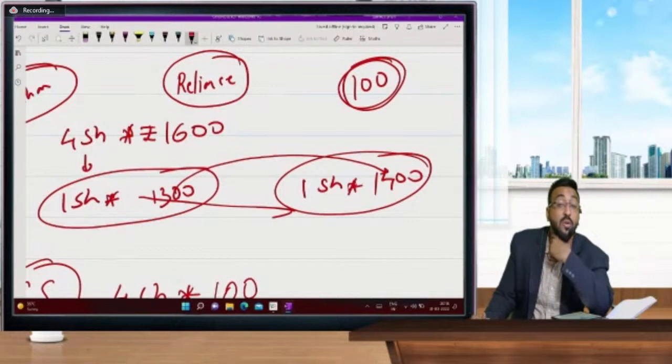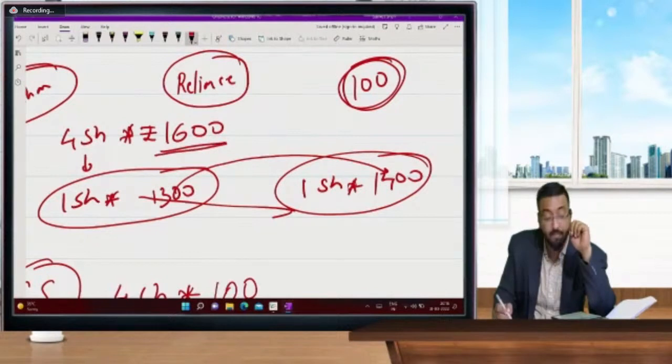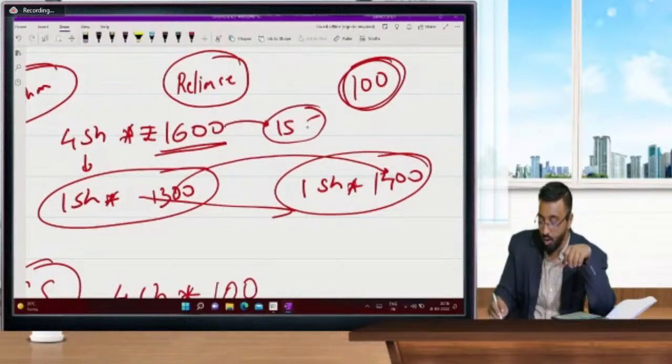But what happened? After the rights shares, the market goes down. Supply is more. Now this 1600 price comes to 1575 or 1550.